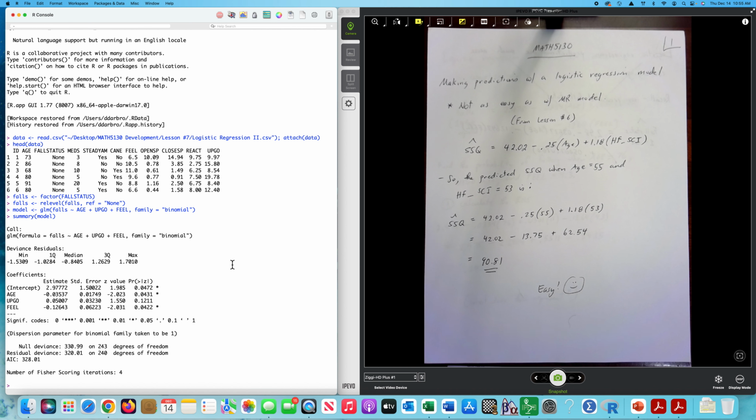Now, let's put this in the context of something we should be able to do very easily. Back in lesson 6, when we got into multiple regression models, we had a model where we predicted SSQ and we got the following coefficients.